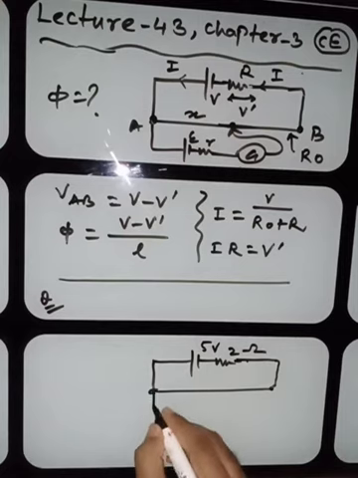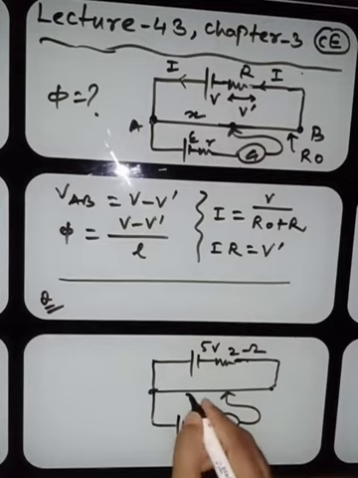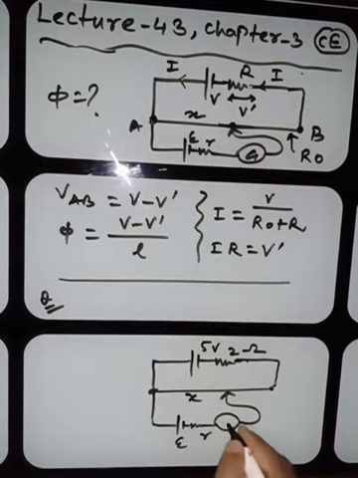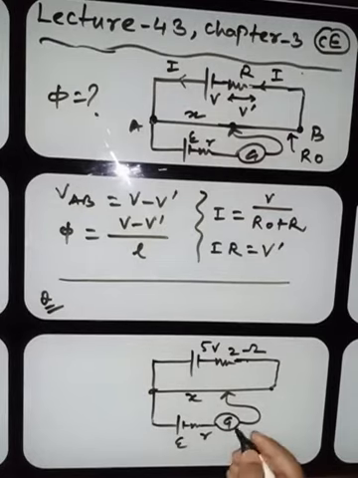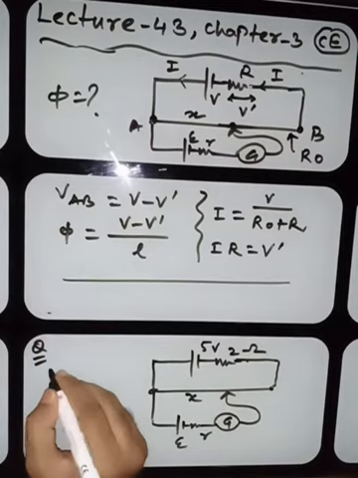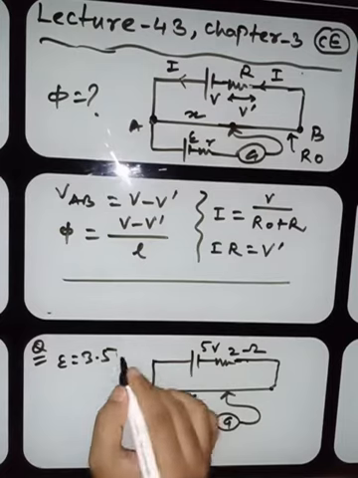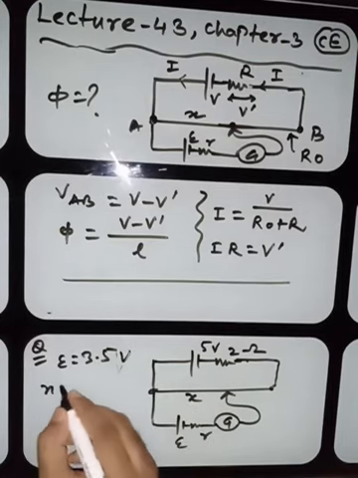A battery, internal resistance, galvanometer, this is the jockey, balance length. E is 3.5 volt. Then find the value of X.